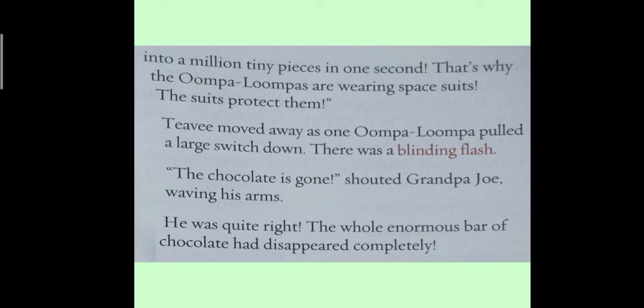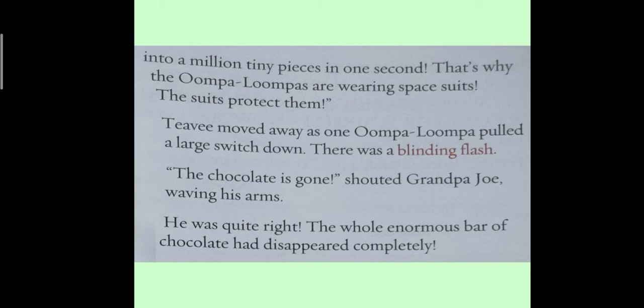Now, as one of the Oompa Loompas pulled the large switch down to start the camera, there was a blinding flash. Blinding flash means an extremely bright burst of light when a camera button is pressed. There was a very bright light which came all of a sudden as a flash.